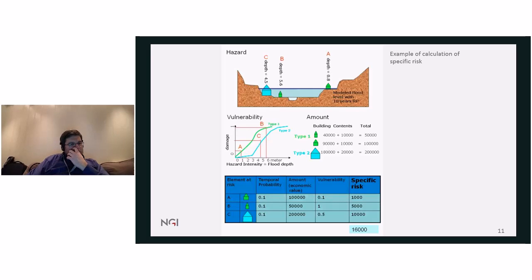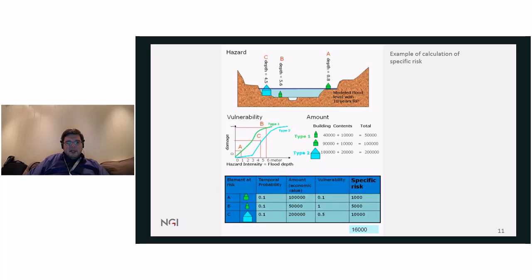And the gentler these curves are, then that means that the structures are relatively stronger. So in this case, you see that type 2 of structure in general has a better resistance than type 1, because you see that for example for 6 meter of flood depth, the type 1 structure is completely destroyed, while for a 6 meter flood depth, type 2 has about 60% of damage.